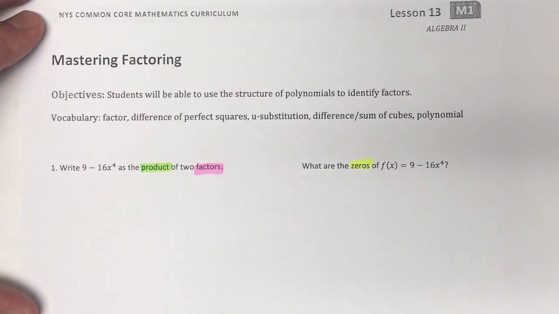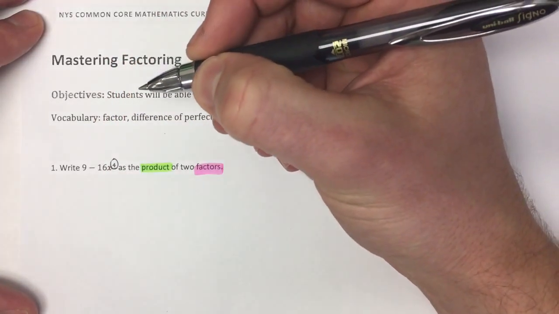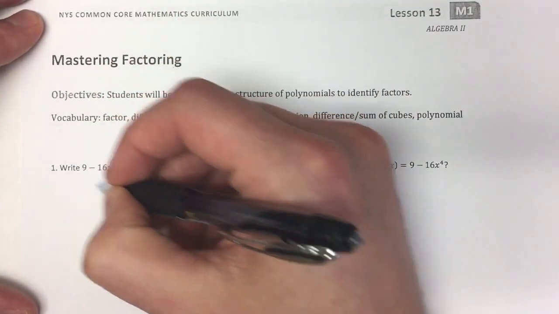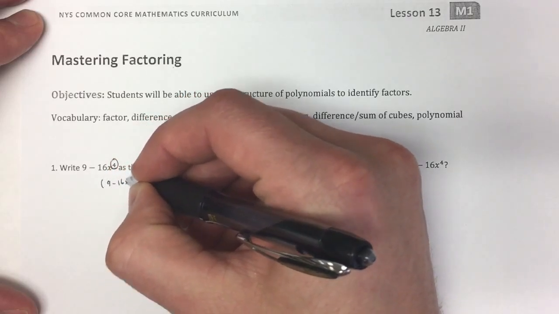As I'm looking at this first example, I see write 9 minus 16x to the fourth as a product of two factors. And so far, I've not ever really seen an exponent of 4. I've really only seen something like 9 minus 16x squared.